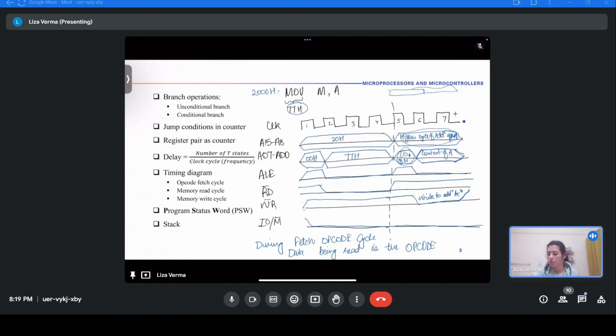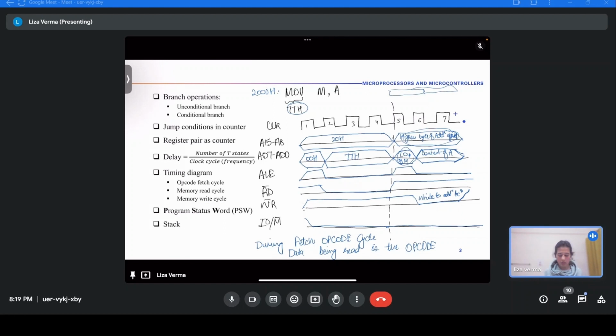It is also used to store the return address. Once you call a subroutine, you have to return to the address, so the program contents are also stored in the stack so that you can return to the main program in the right place. So that is the stack.